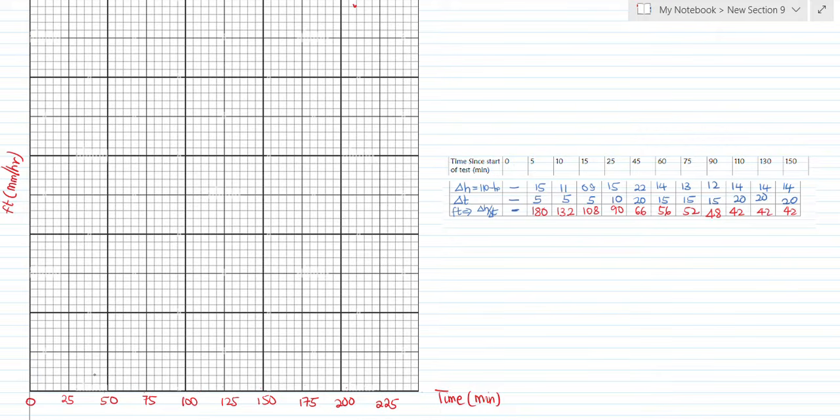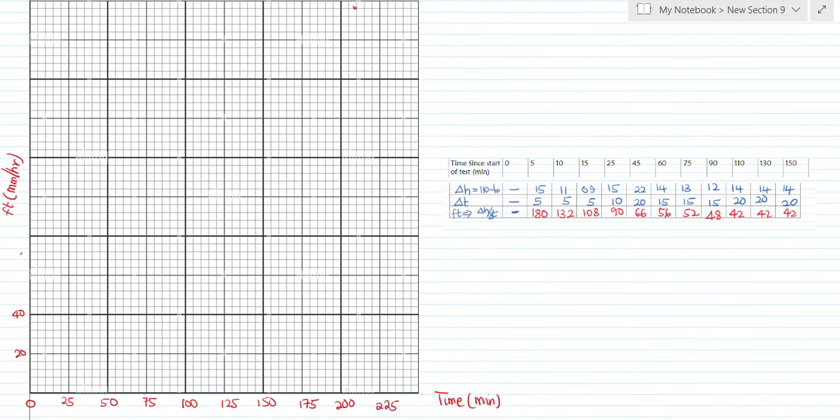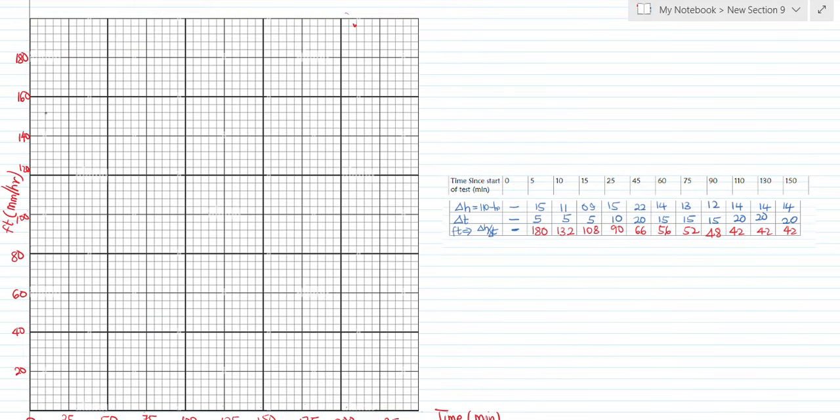That's my time scale. Then on my infiltrometer scale, I'll go 20, 40, 60, 80, 100, 120, 140, 160, 180, 200.